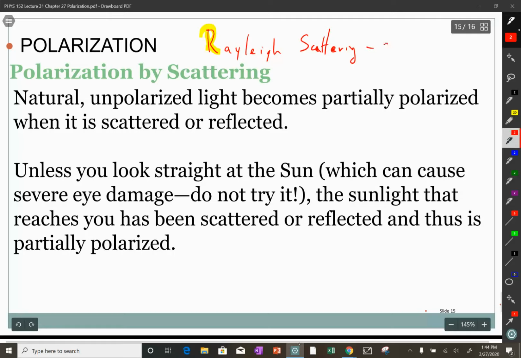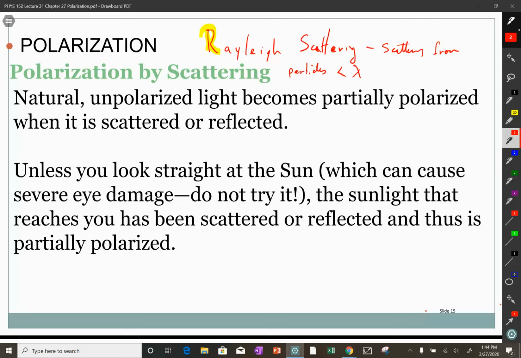It's the scattering, meaning light hits something and comes off, from scattering centers, I'm just going to put particles, that are smaller than the wavelength. For visible light, which is between 400 and 750 nanometers, you have to have particles that are smaller than 400 nanometers in diameter to have Rayleigh scattering. That occurs if you have things like a molecule.